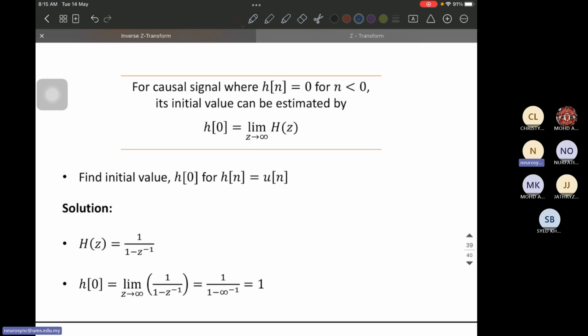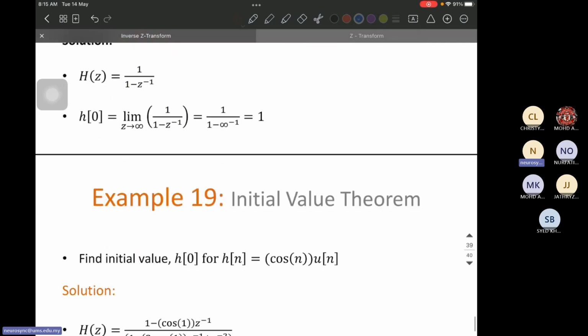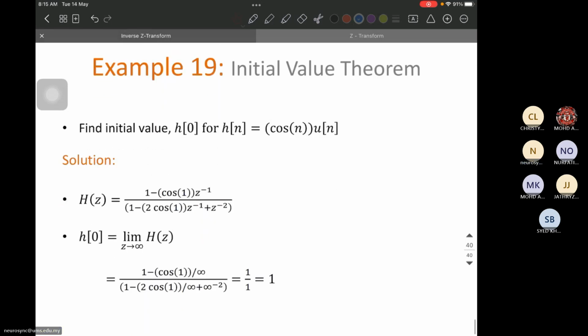So h of n will be given, and it can be anything. You need to first find H of z and then put the limit z tends to infinity, and then you can find the initial value. For example, suppose h of n is given as cos of n times u of n, find h of 0. First we should know the z transform of cos of n. So this is the z transform for cos of n.